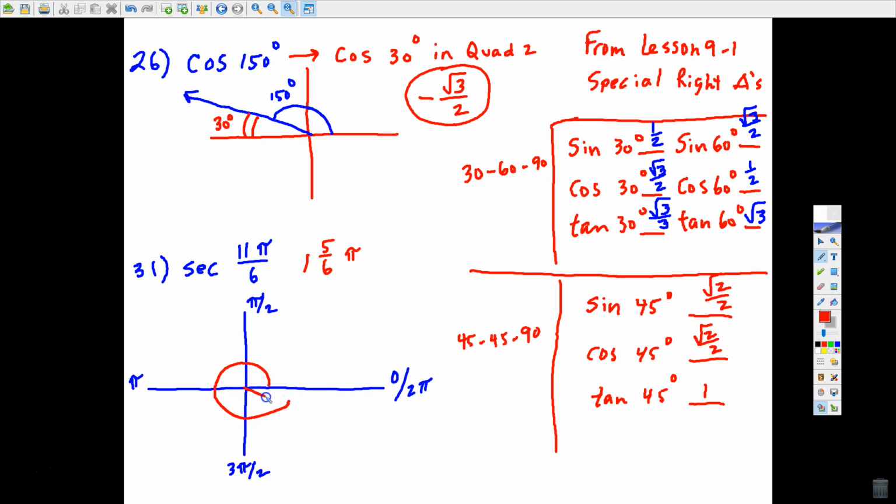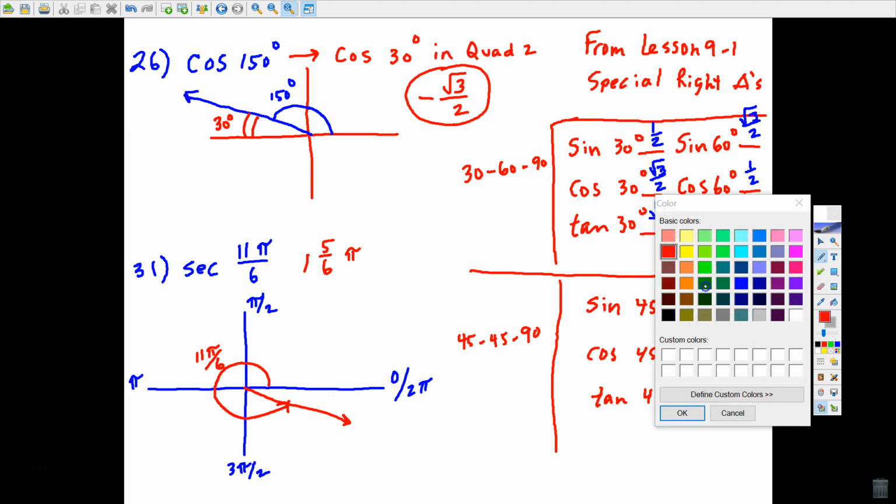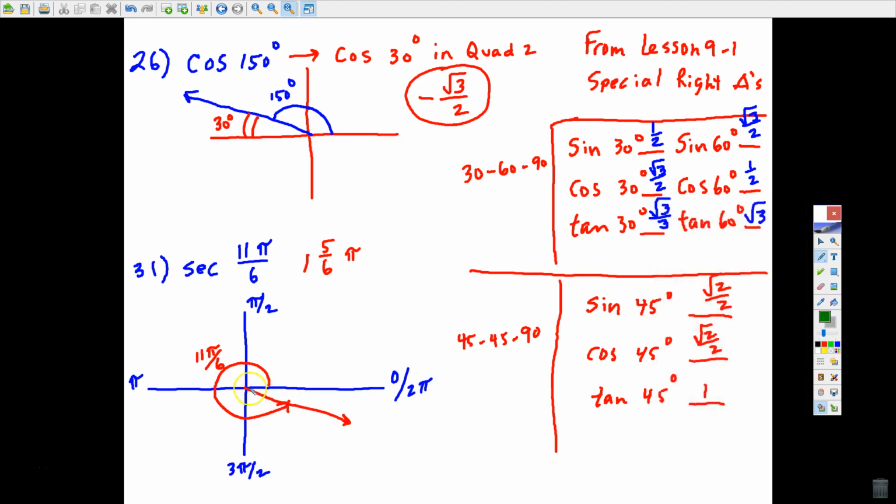So I'm going to show just a rough sketch that 11 pi over 6 is this angle here, which means the reference angle is formed by the terminal side of this angle and the x-axis. So I'll just put 2 lines to denote the reference angle.